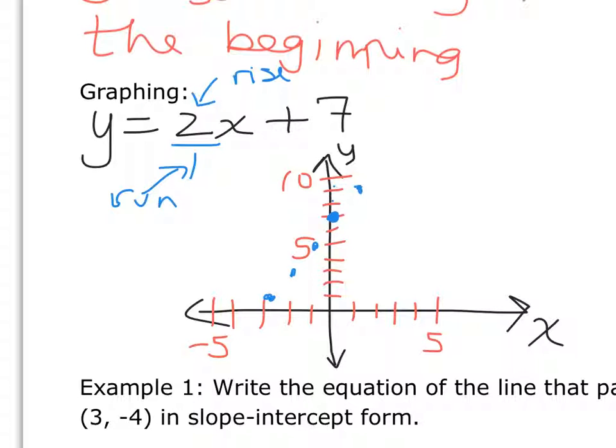The more points, the more accurate my line's going to be. So then I'm going to connect the dots and make that line. It's a little wobbly, but I think it's pretty good for drawing it on a touch screen. I'm pretty proud of myself.